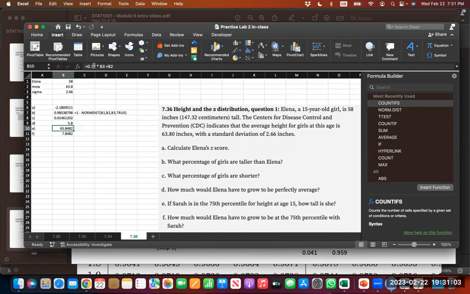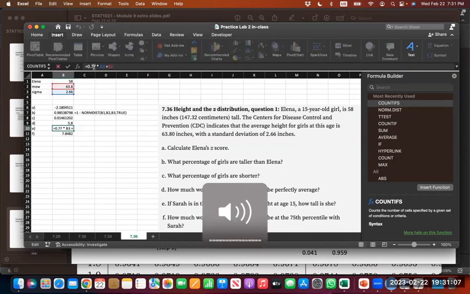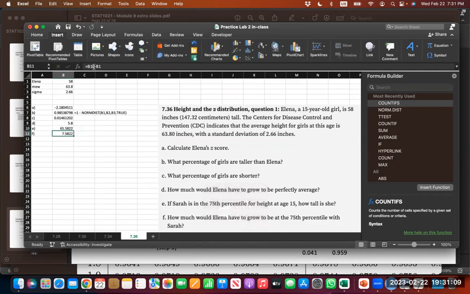Okay, so this is where Eleanor came in, and this is where Sarah joined the body. So we have an example A. We have Eleanor's z-score. Eleanor's z-score is basically Eleanor's 58 inches minus the mean of 63.8 divided by the sigma.